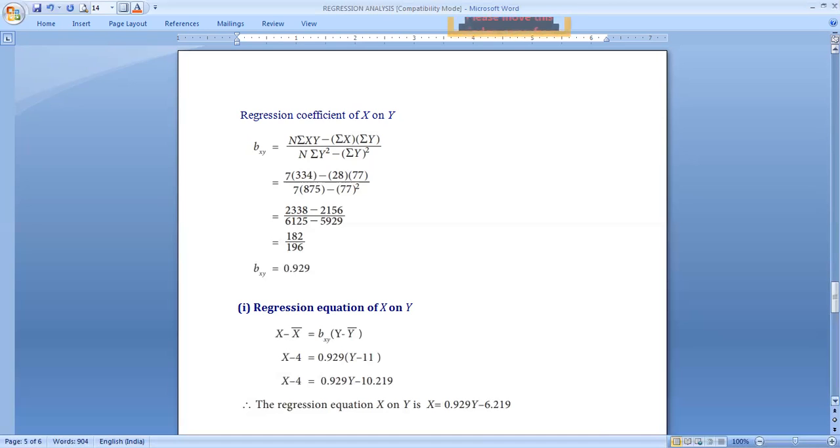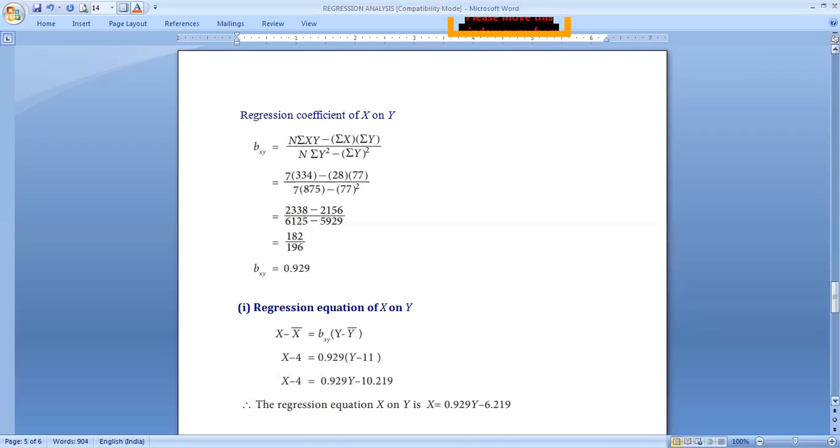When we solve this equation, we get x minus 4 is equal to 0.929 into y minus 11, and after solving, x minus 4 is equal to 0.929y minus 10.219.